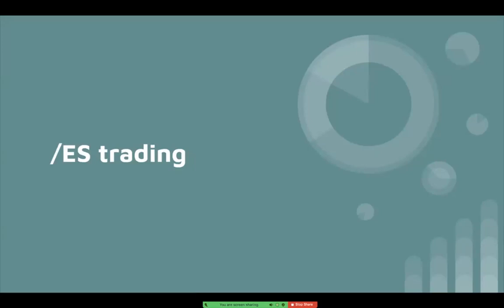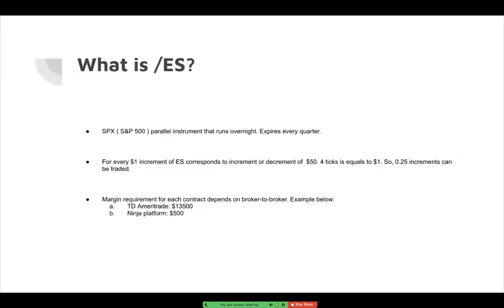Okay, now moving on to the slides. So what is really ES? You might have noticed that the market gaps up or gaps down on a few days when the market opens. Why would that happen?